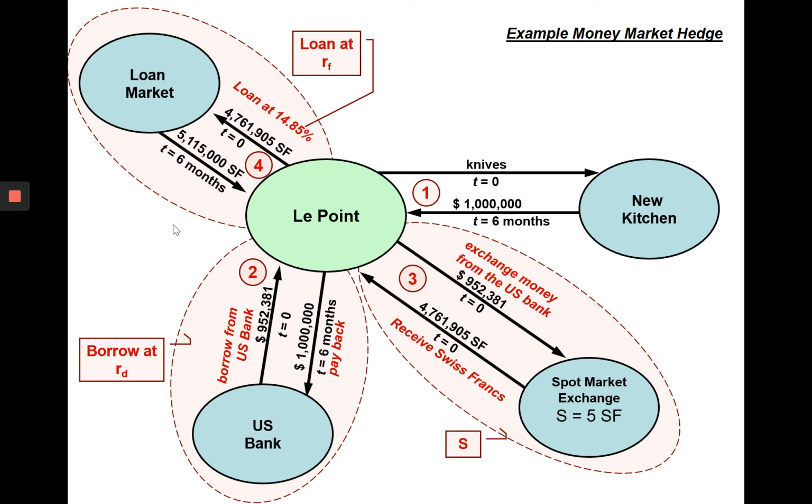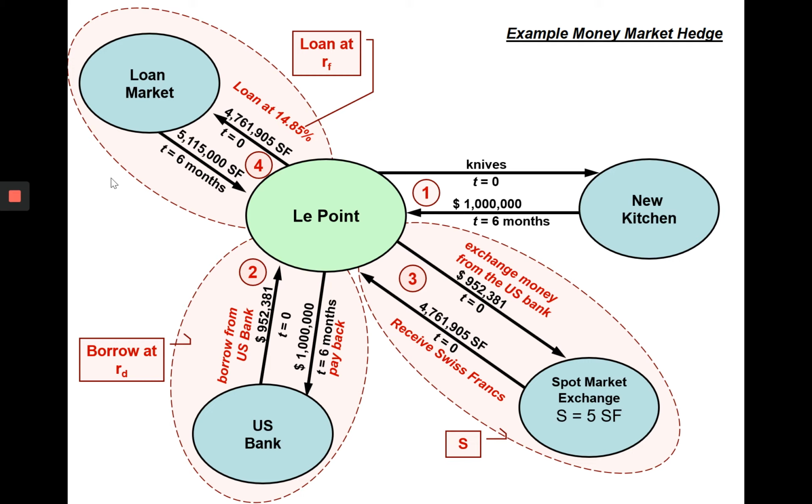So notice that on two scores, this money market hedge became similar to the forward hedge. First of all, it generated the exact same cash flow, 5,115,000 Swiss francs 6 months from now, in both cases. Second, it did not give us any coverage.